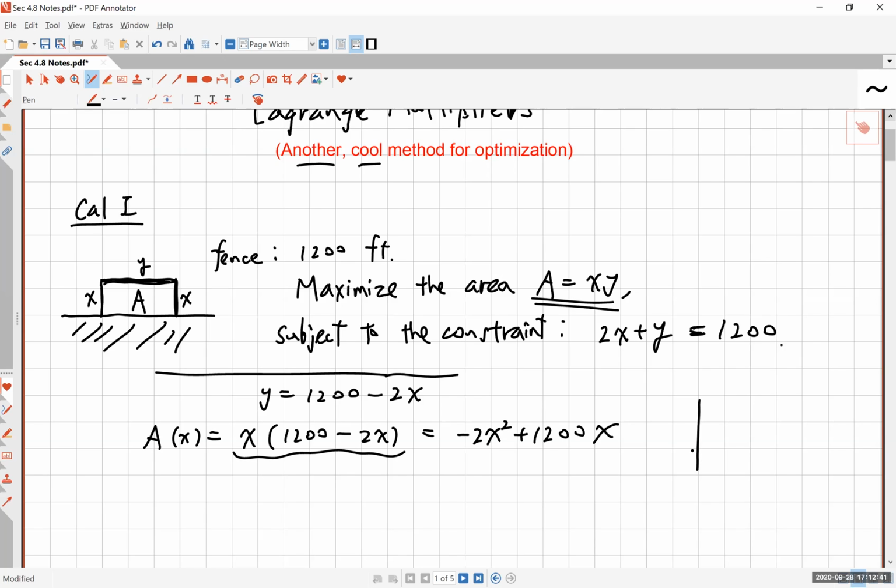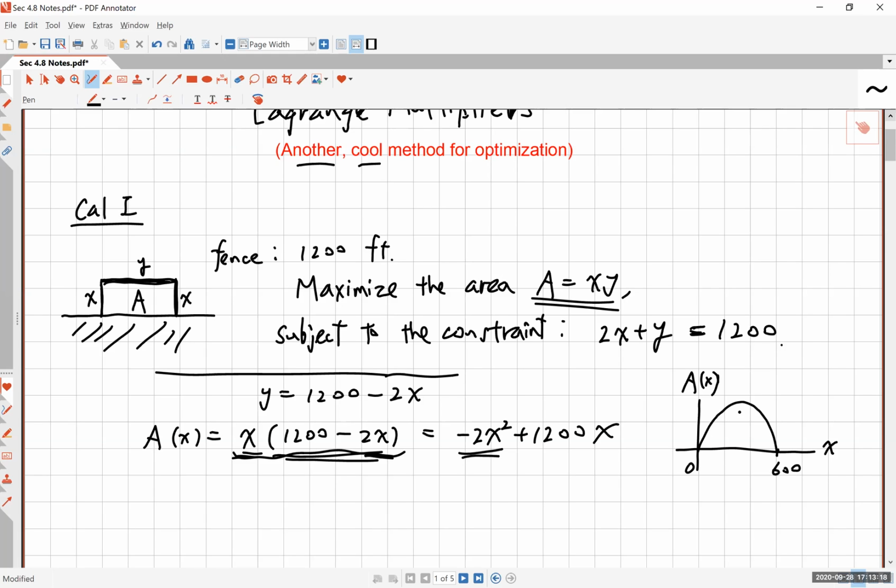Or you can just use this as is, because you know that this is a quadratic function with a negative leading coefficient, which means that you have a parabola. This is x and this is A of x, and the parabola is downward. In fact, this factored form tells you that 0 and 600 are the zeros, or the x-intercepts, of this function A. So the graph has to go like this.